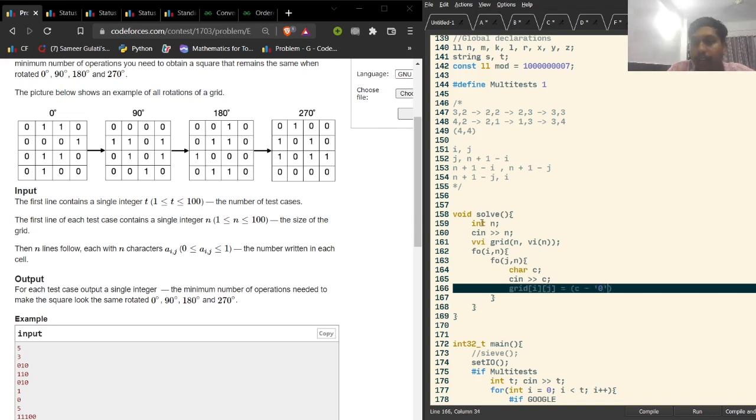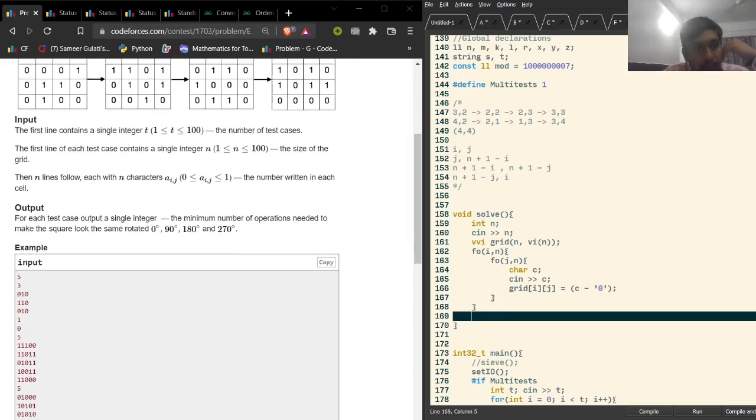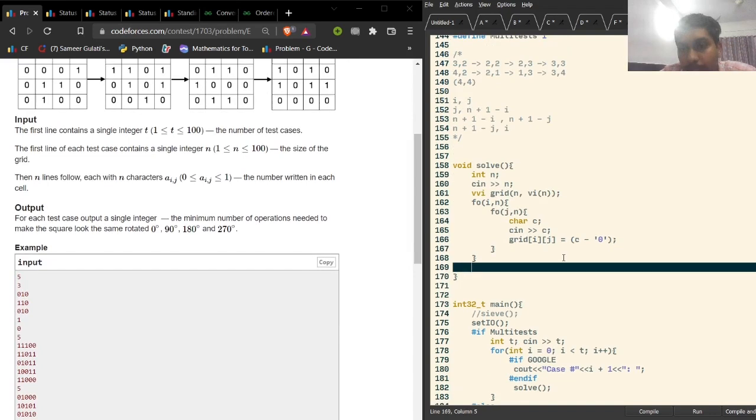So if it is the character 1, it will give 1, otherwise it will give 0. Okay, looks good. And yeah, trying to solve it now.